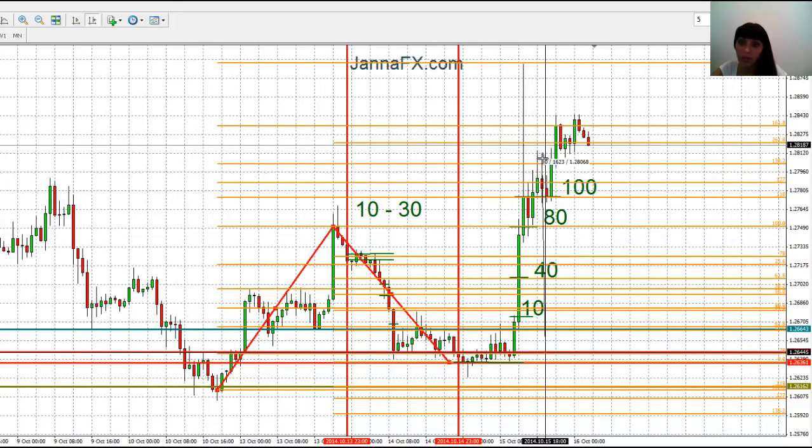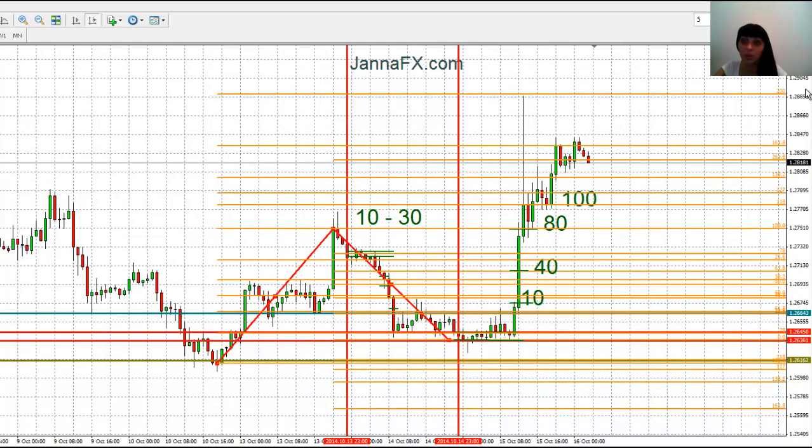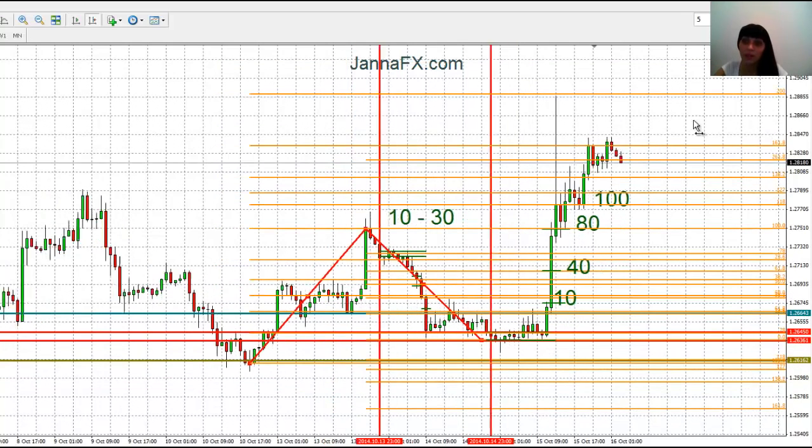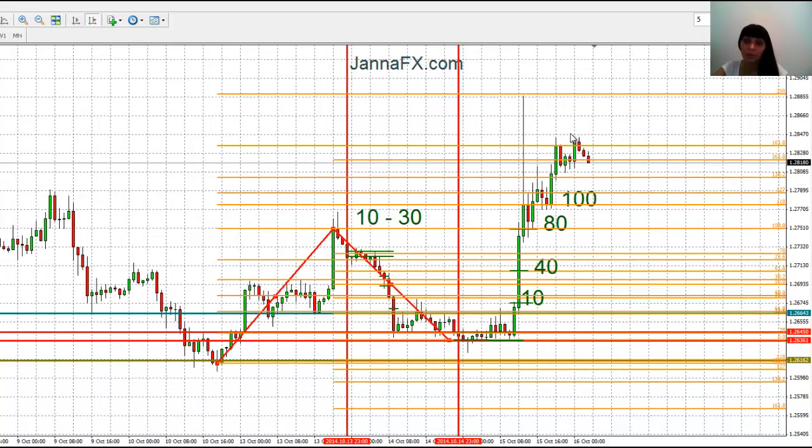So you could have walked away with about 170, 180 pips. But not going to be too excited, still 100 pips was a very good possibility to make that kind of profit. So that was a really good trade, and perfect.